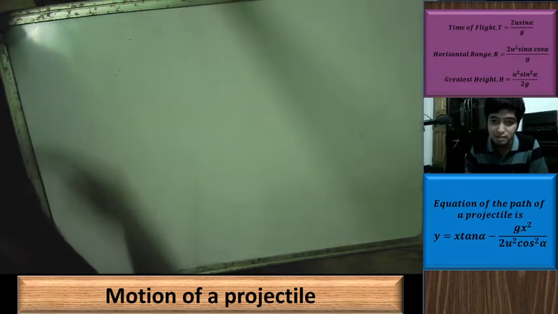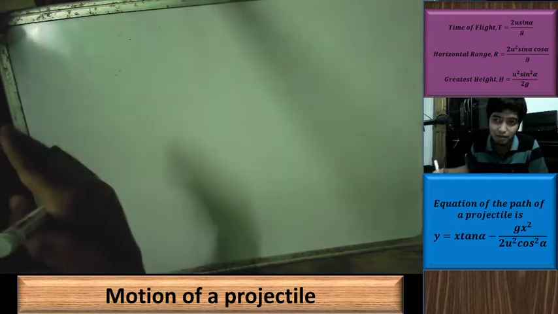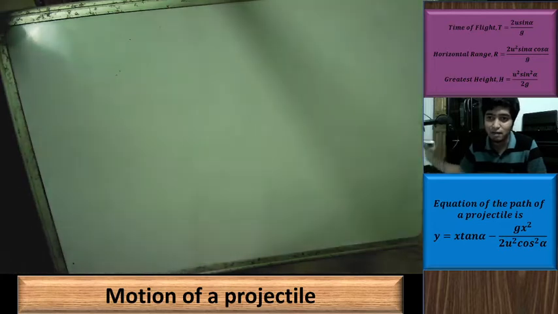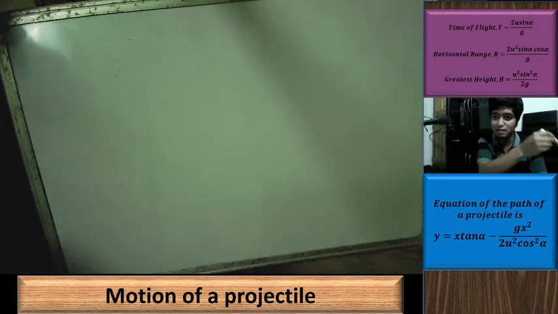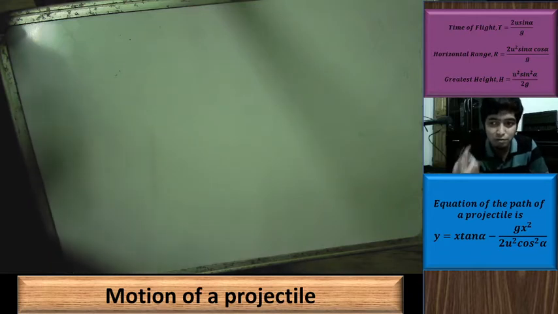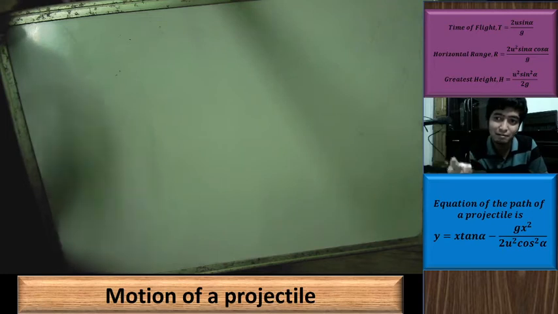Any object that is thrown under gravity is called a projectile. Even if I am throwing this pen in this way, it will be called a projectile. It can be anything. Also remember that over here, we are discussing the motion when there is no air resistance or other forces.